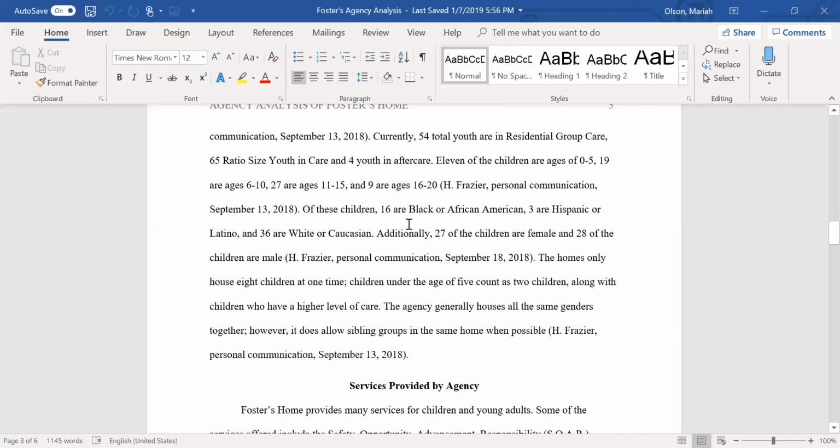For the race breakdown, do alphabetical order. So Black or African American is first, Hispanic or Latino second, White or Caucasian is next. And for the gender breakdown, female would be first, male would be second, for alphabetical order.